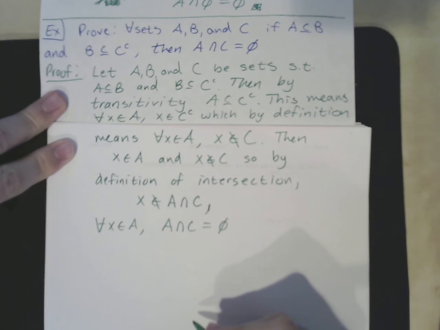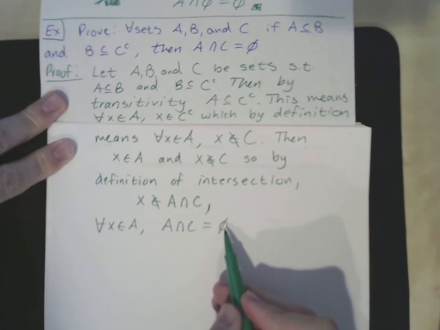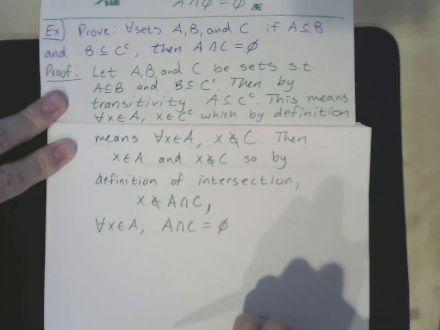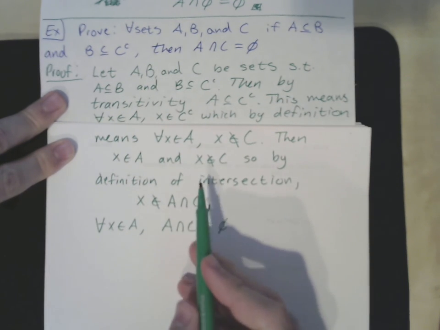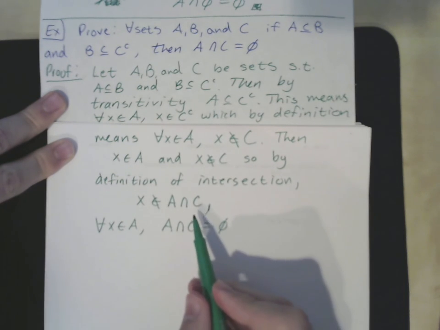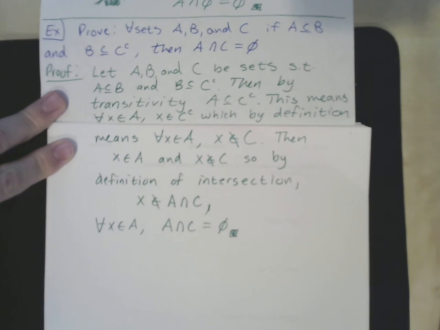And that's it. Now we could do this with set equality. If you pick something that's in the empty set, you have to show that A intersect C is empty, which is exactly what we did. And if you pick something in A intersect C, you need to show that, again, A intersect C is empty, and that's what we did. So our proof is complete.